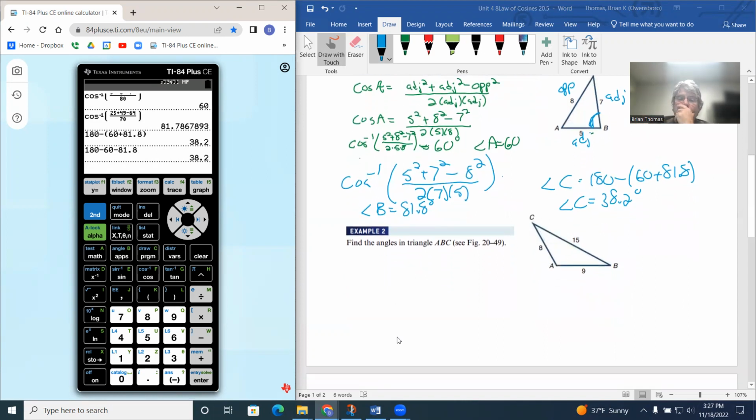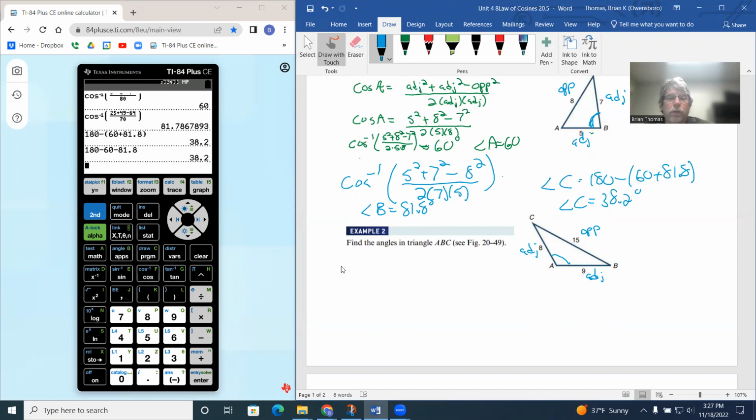So if I look at this example here, if we want to find the angles, we can start with angle A. This becomes the opposite, and these become the adjacents. Remember, the adjacents are sharing the edge, and the opposite does not share that edge.